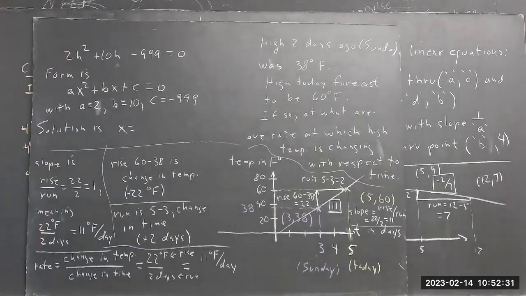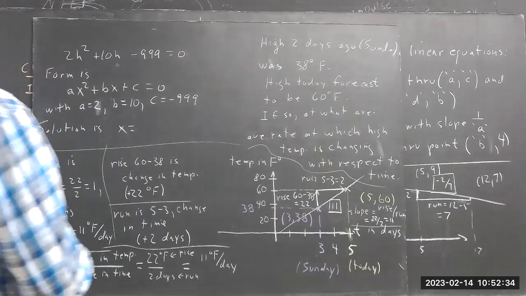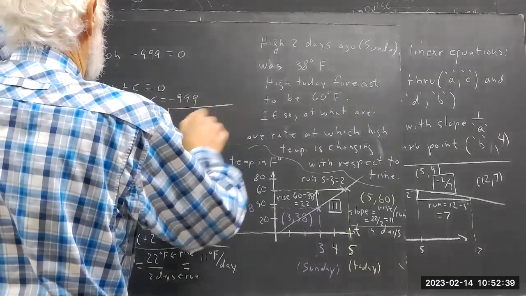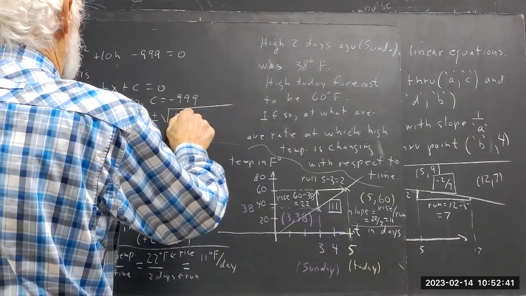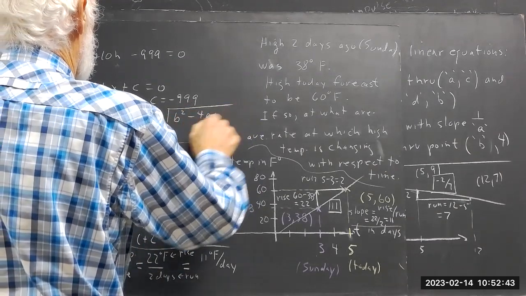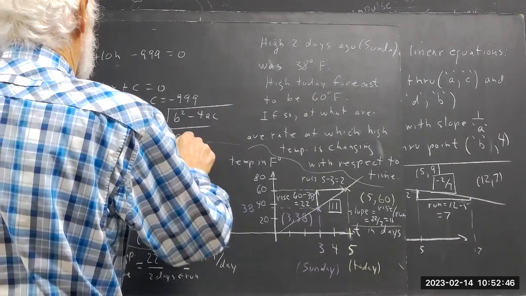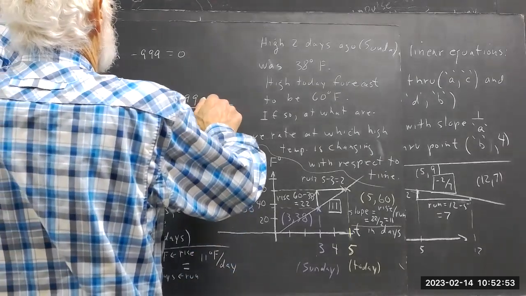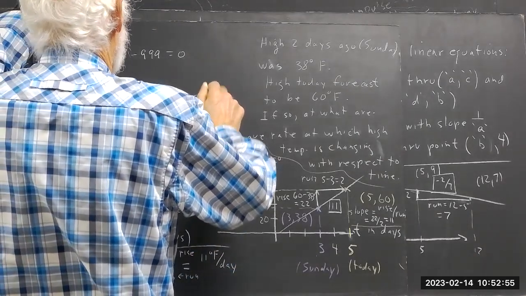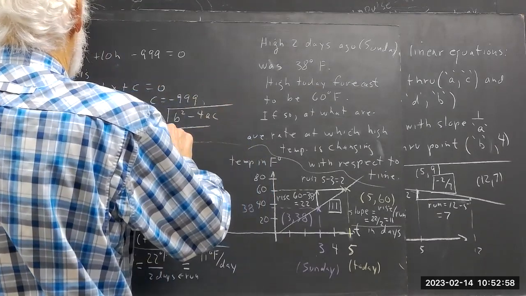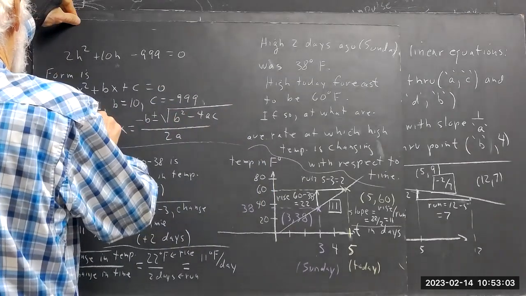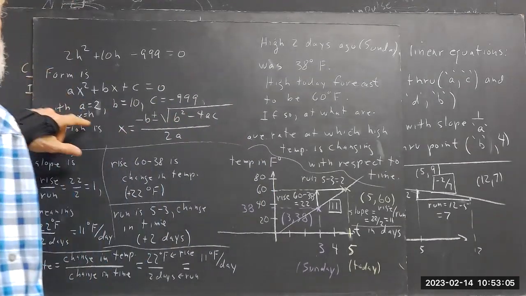The solution is x equals negative b plus or minus the square root of b squared minus 4ac over 2a. And I guess I should write up here that instead of x, we've got h.